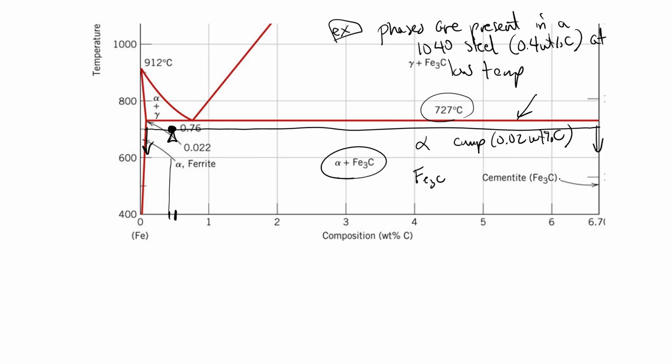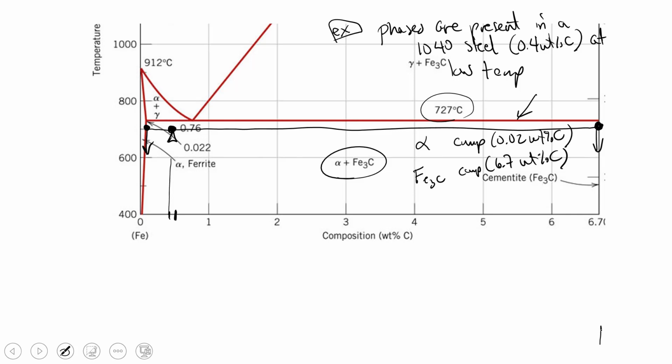It hardly has any carbon. The composition of Fe3C is this dot over here on the right that I just drew. Its composition is 6.7 weight% carbon. So I have two phases present. One has hardly any carbon and one has a lot of carbon. Now, how much of each phase is present?